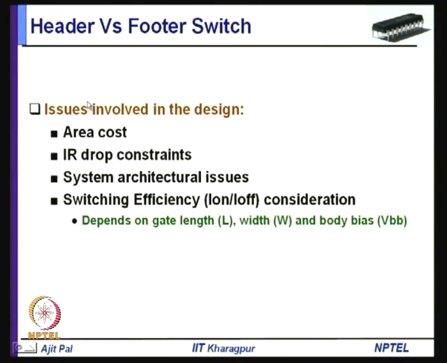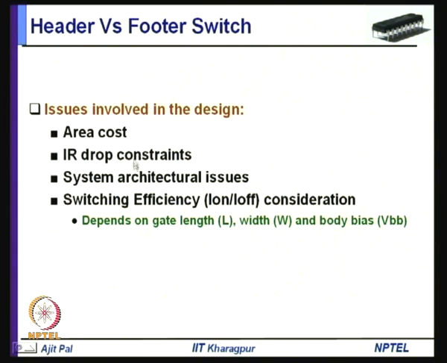Okay. So, whenever you are designing the switches, there are several issues involved in the design. Number one is the area cost. As I told, the width to length ratio will decide the current that can flow, or the IR drop.